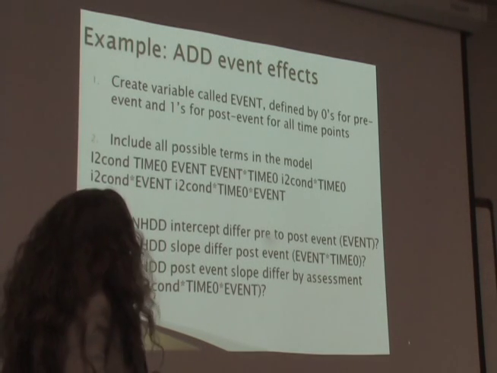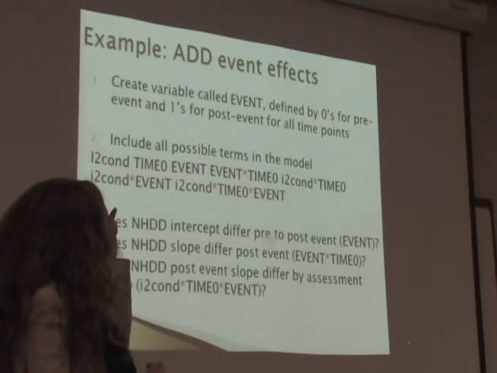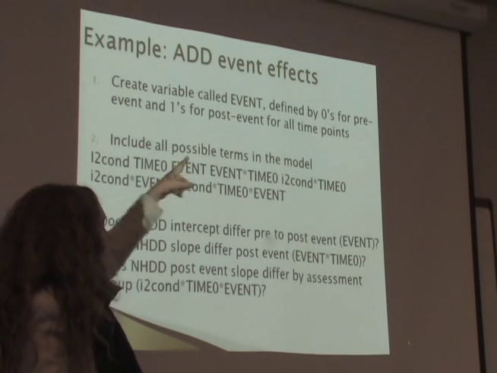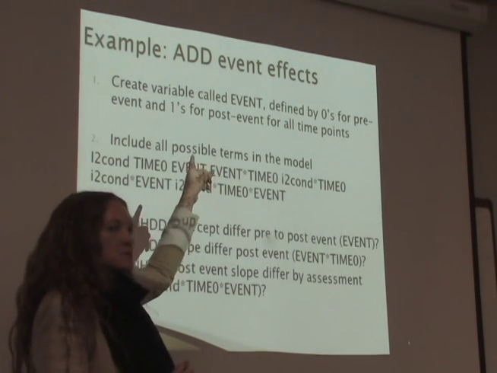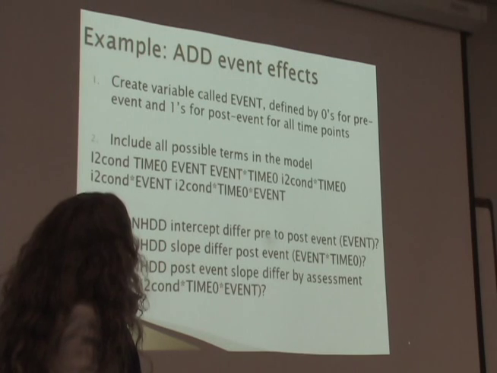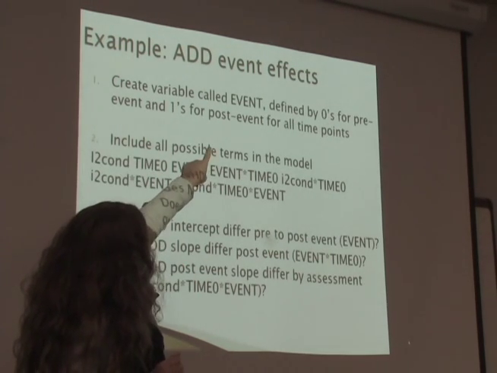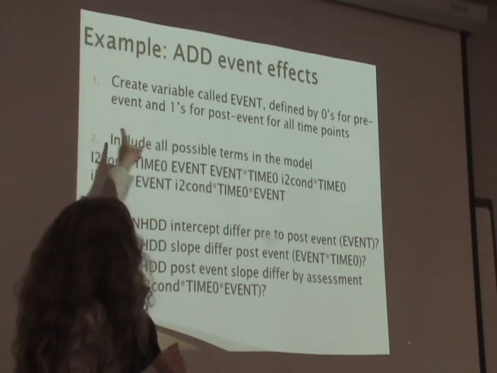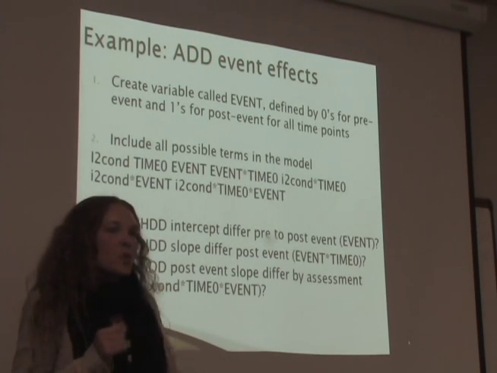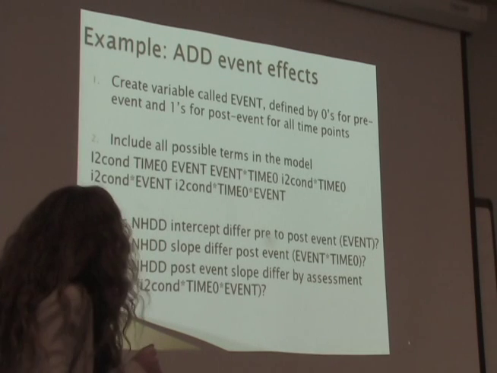So, next we created a variable, well, we talked about the variable called event, which is the countdown to the event. Oh no, I'm sorry, I'm messing that up. This variable is just zeros for pre-event and all ones for time post-event, okay?